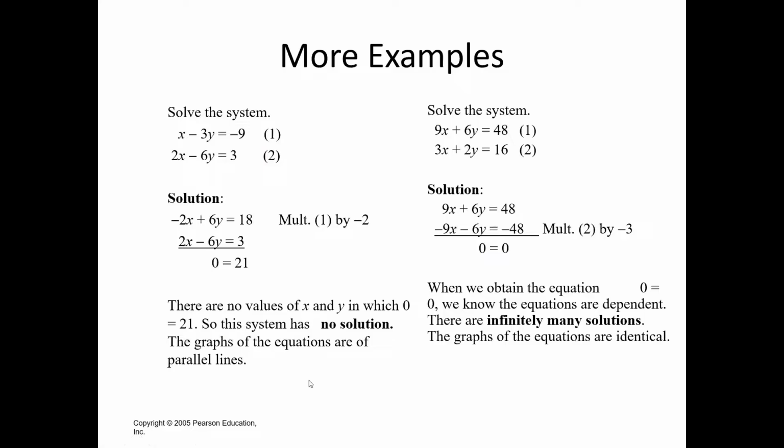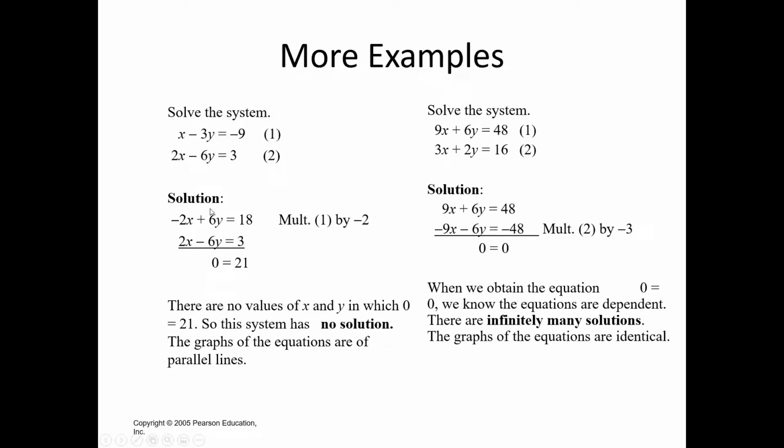Okay, here's another example. We look at this one. Okay, equation 1 and 2. We've got this and this. They're in the correct sequence. So next thing we do is I multiplied equation 1 by -2. So I took -2 times x, -2 times -3y, and -2 times -9.